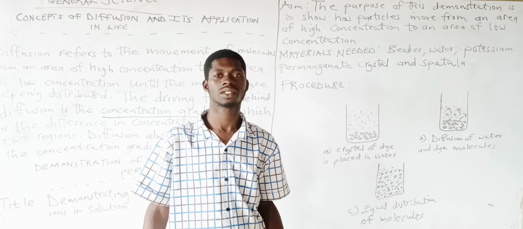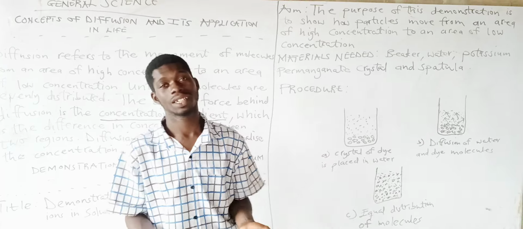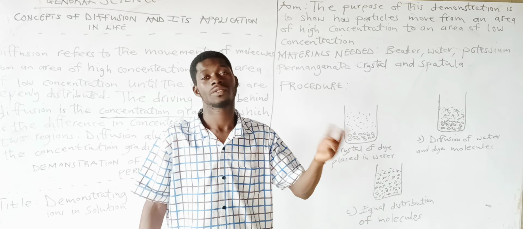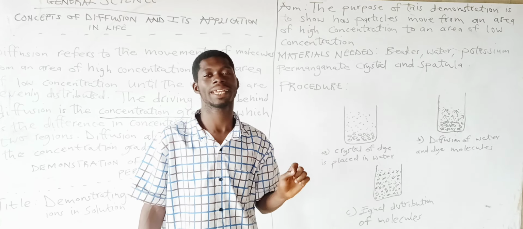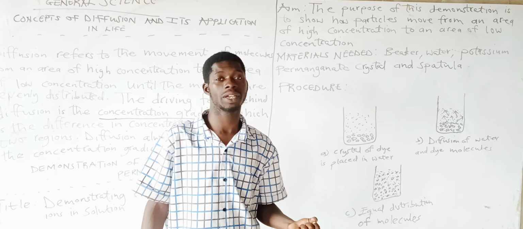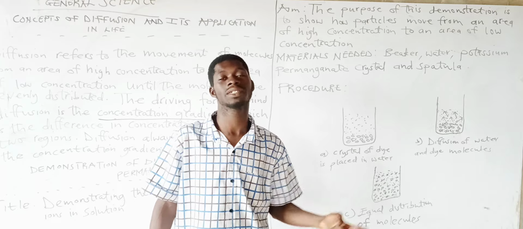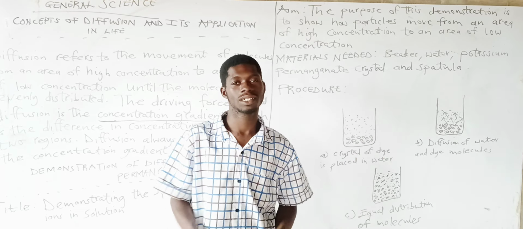Definitely, you know that if you put maybe sugar inside water, it will move from a high concentration to a low concentration. The place that you put the sugar was having higher concentration, but after a few minutes it was spread, and it will create the solution as well.